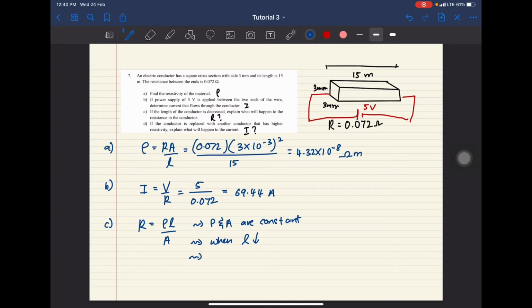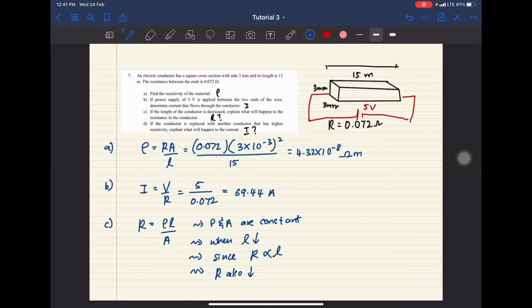When L decrease, since R is directly proportional to L, then I can write R also decrease. Okay, this one you need to give a reason that R is directly proportional to L if the question asks you to explain. Kalau dia kata explain why, so you have to state lah.